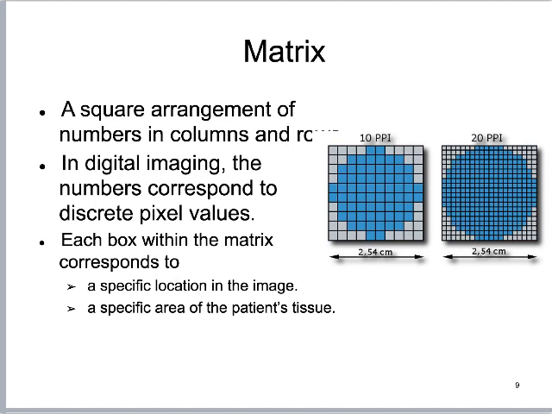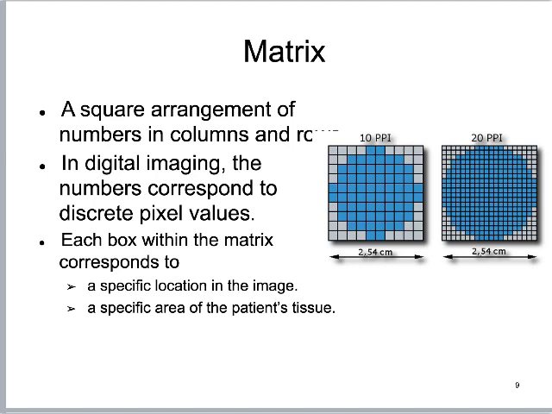So each box corresponds to a specific location on the image, which maps to a specific part of the patient's body. One way to think about it is like a net that catches information about the patient.